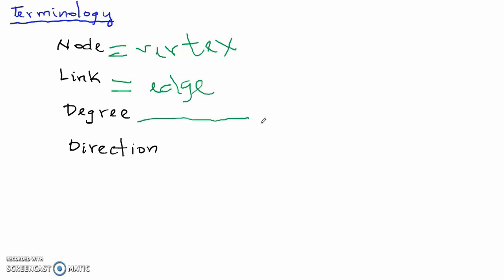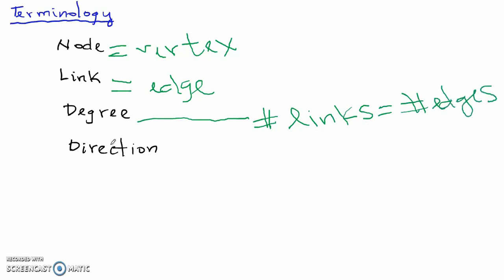Regarding degree, if there are arrows in the graph or the network, you may have an incoming degree and an outgoing degree. But for undirected graphs, networks where there are no arrows, the degree is simply based on the number of links, or the number of edges, that one node or vertex has.